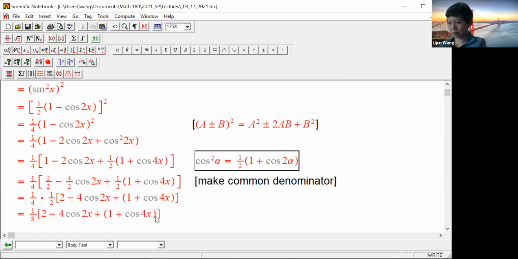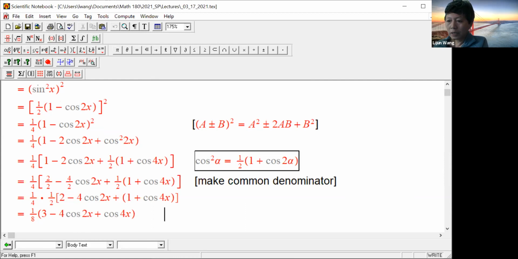In front of it is 1, and 1 plus 2 is 3. 4 times cosine 2x, cosine 4x. They're not like terms, so we have 3 terms. At this time, you can change it to parentheses if you want, but it's not necessary. And we're done. Now we're done for pre-calculus, but you will not be done for calculus.